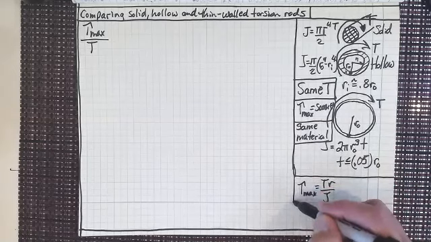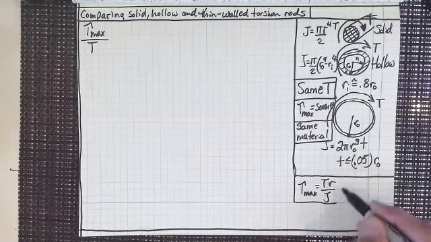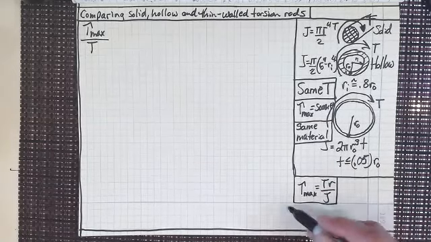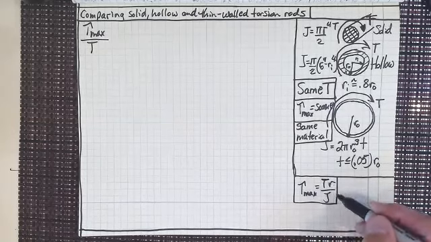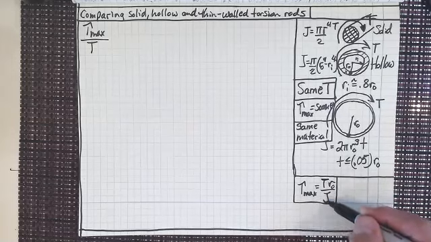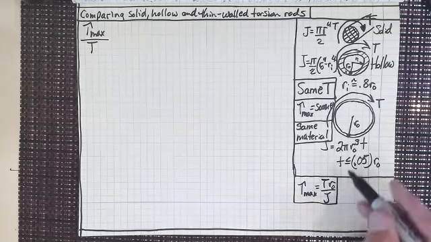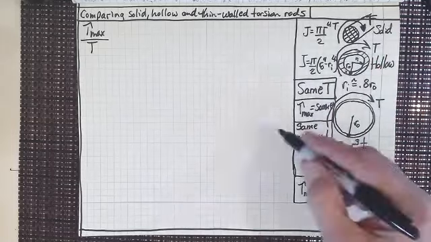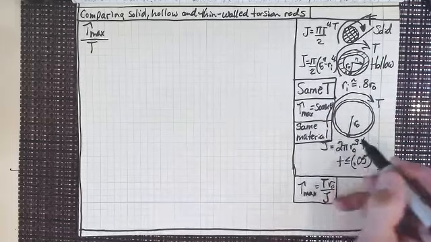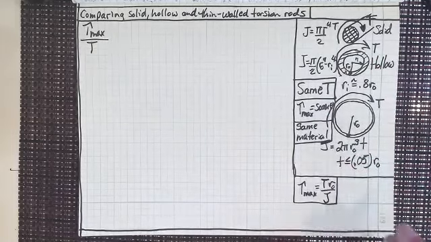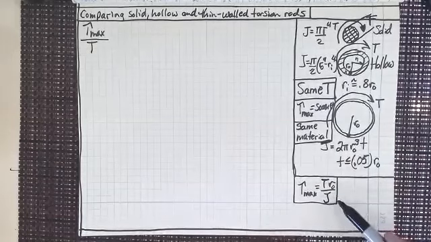That's one of our equations, for figuring out the maximum shear stress if we know the torque, we know the outside radius, and we know what J is for that cross section. We know J for all those cross sections right now.